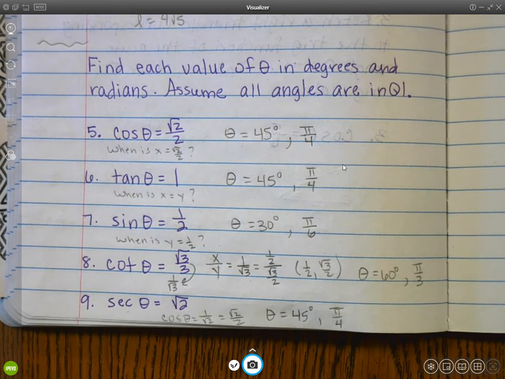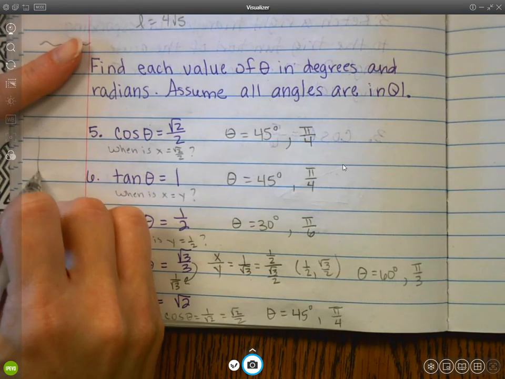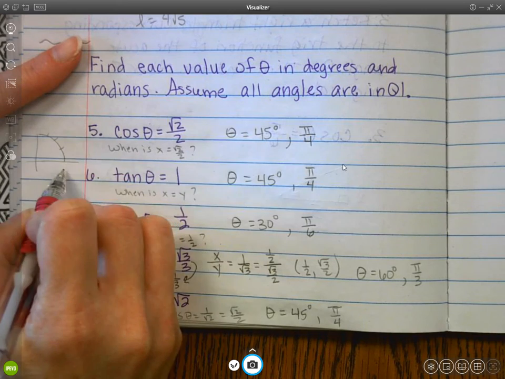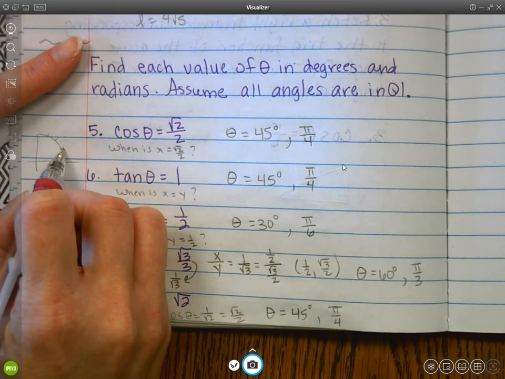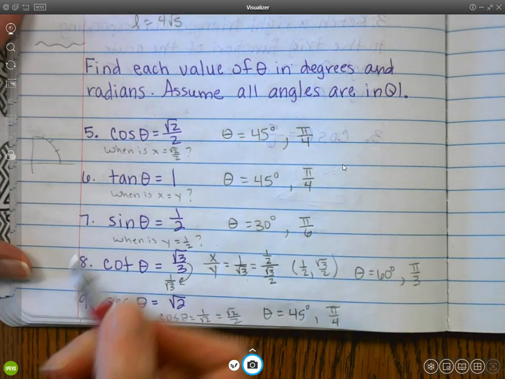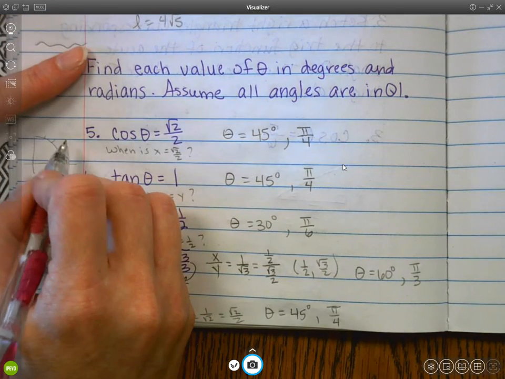So remember that your values for your ordered pairs are root 3 over 2, 1/2, root 2 over 2, root 2 over 2, and then 1/2, root 3 over 2. So if we're just in quadrant 1 of the unit circle, we have these three ordered pairs, right? We'll just draw it real fast, but from memory you should be able to draw this on the side of your paper.